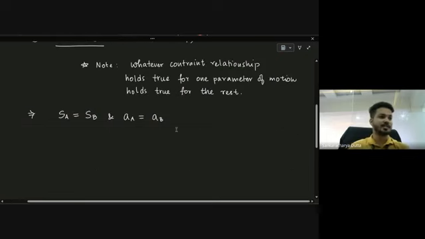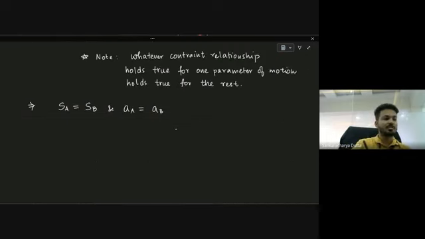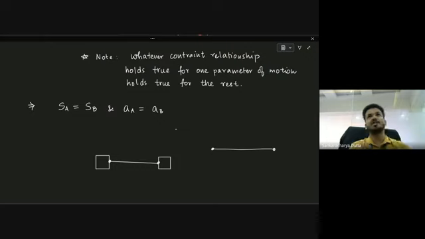I hope everybody has written this. Let's move forward. Let's delve deeper into this particular concept of two blocks being attached by a single string. Now one thing you need to understand here is that we are not putting a constraint on the bodies themselves, but on the points attached to body A and body B. The points on the string, because the length of the string is constant.